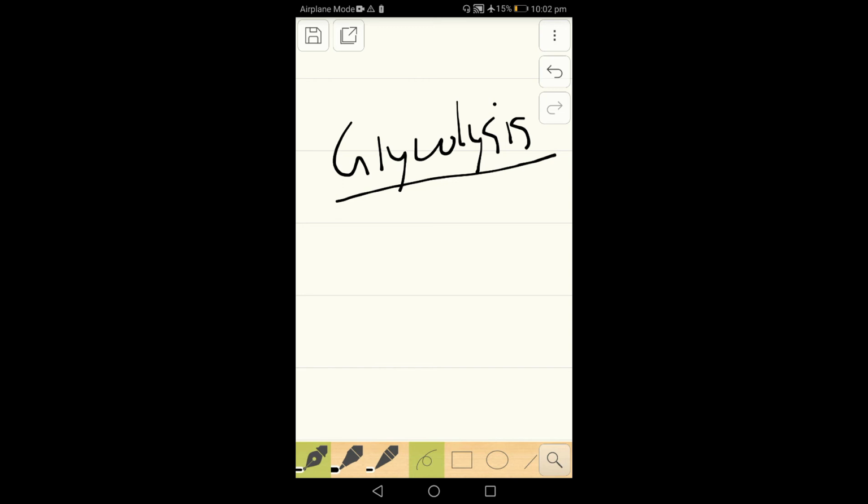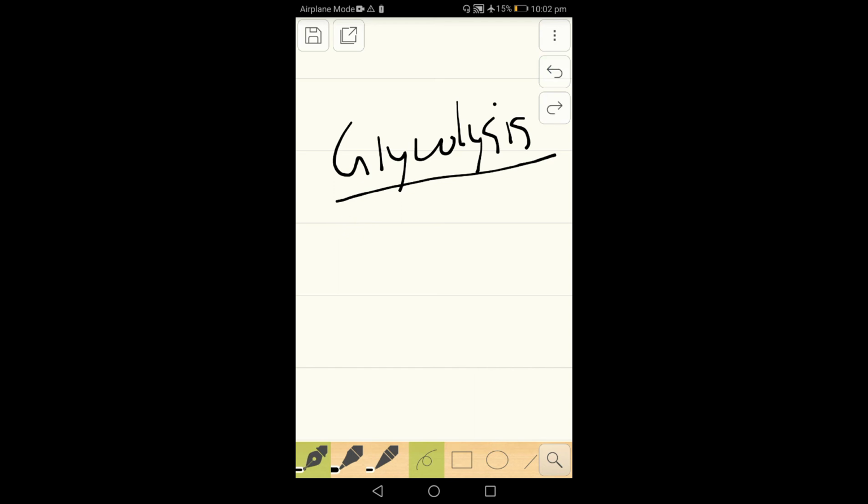So what will only happen is the glycolysis reaction. But we do have the NADH produced from glycolysis, which would carry out a reaction in the way like this.